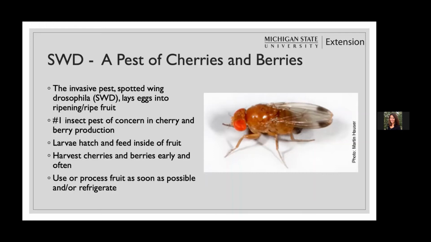So if you have raspberries or something else, harvest early and often, and then use the fruit as soon as possible, or put them in the refrigerator, and then that way, if they do have an egg in them, it'll at least slow the development of the larvae until you can eat it. And don't be afraid, it's safe to eat those. It's just, you don't want to eat the fruit when they're too far gone because they just don't taste that good.